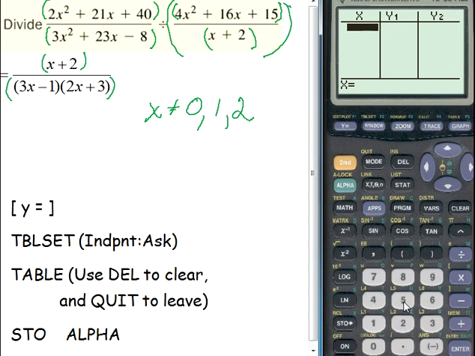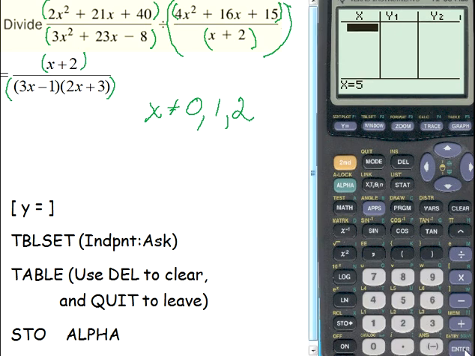You can pick anything. You can pick negative 11. In fact, we'll try a couple of them. And what we want to see is that when we put that value 5 into our original expression, we get the same numerical value as when we put it into our final expression. So these algebraic expressions then are equivalent.